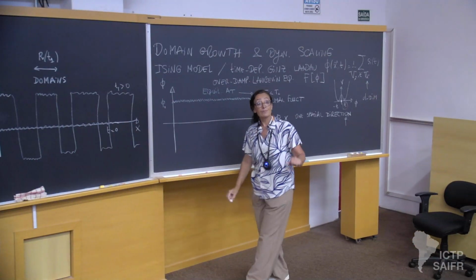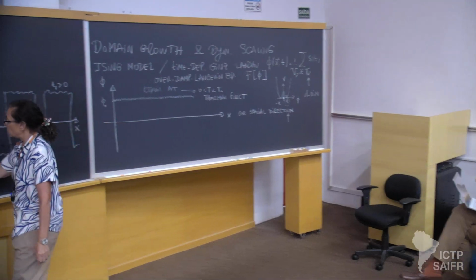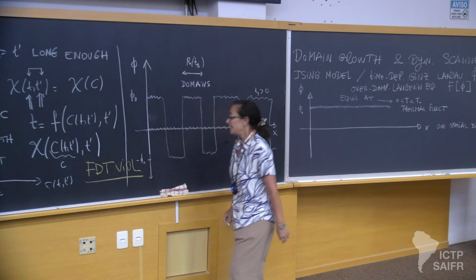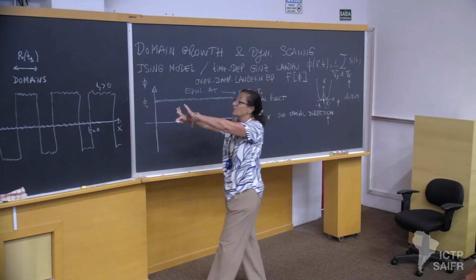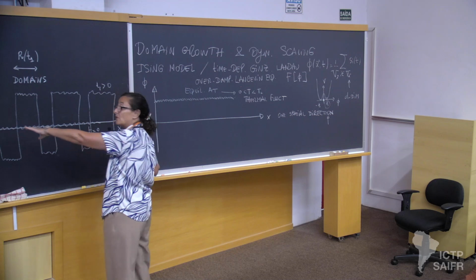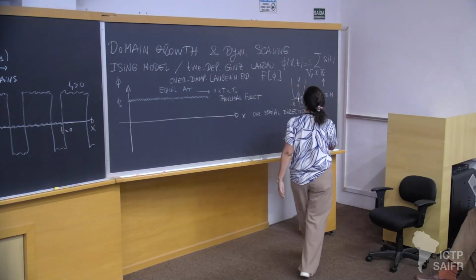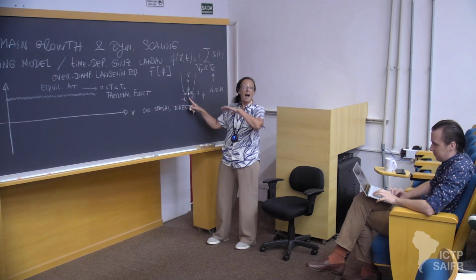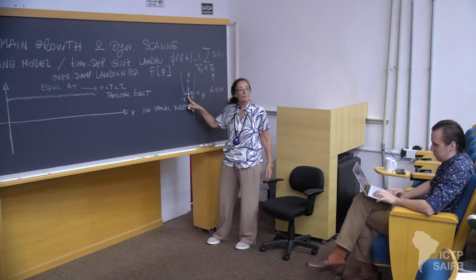Is it clear? There will be as many positive as negative regions in the sample. And if I average over the whole system size, I will get 0 again, because I have as many positive as negative phi's. So the average over the whole system of phi will be 0.